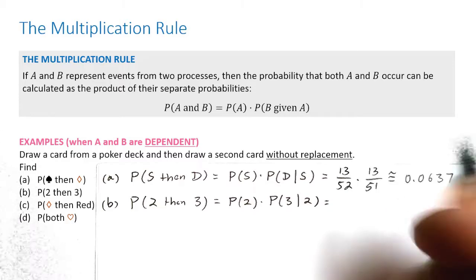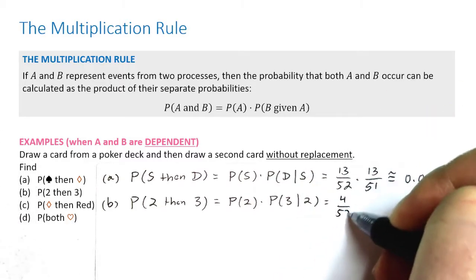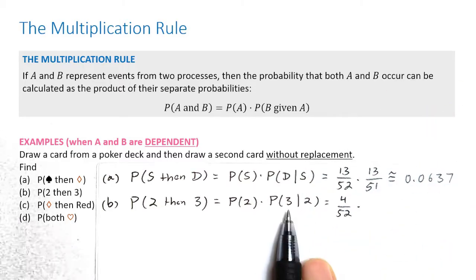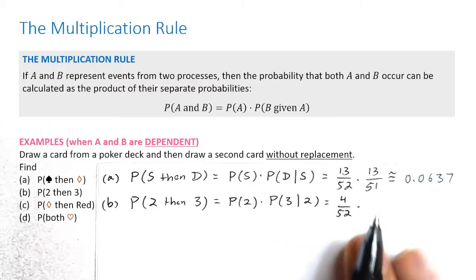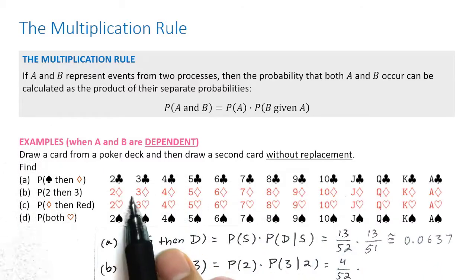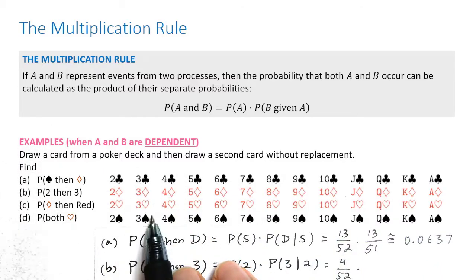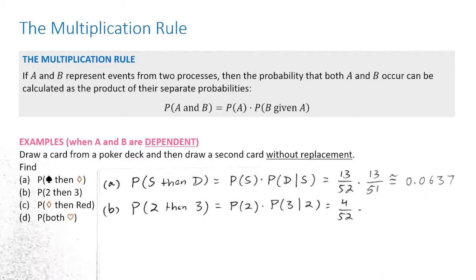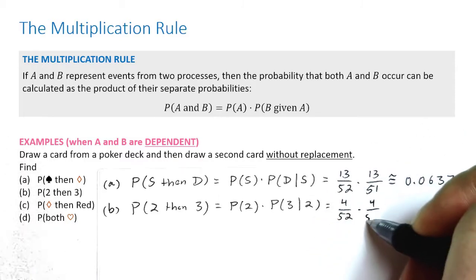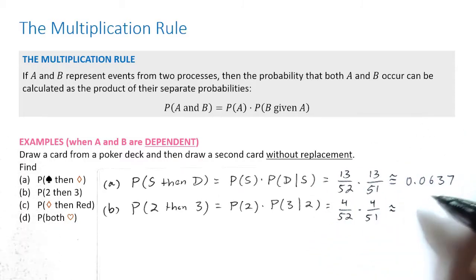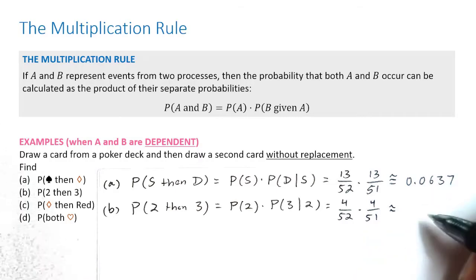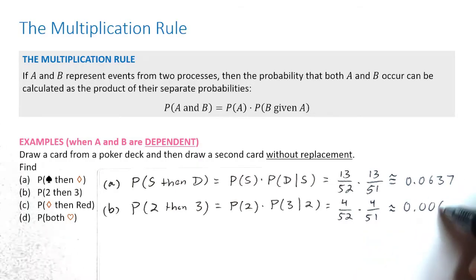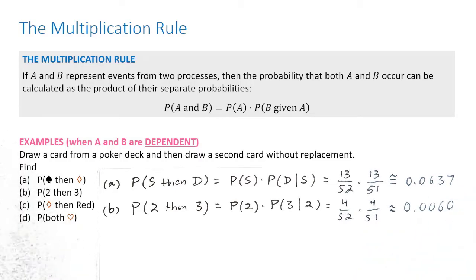Okay, so it's 4 out of 52. And what's the probability of getting a 3 given that I drew a 2? Well, there are 4 3s in the deck, but there's 1 fewer card in the deck. There's only 51 cards left. So it's 4 out of 51. And that is, as a decimal, 0.0060, approximately.